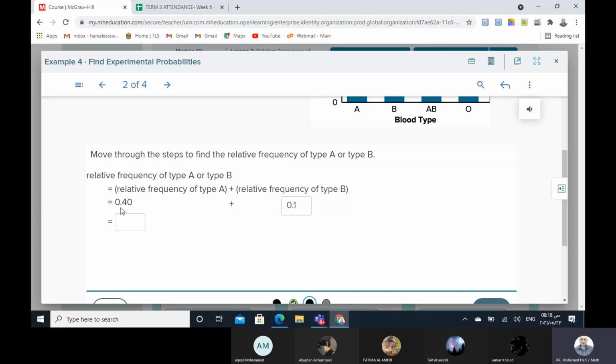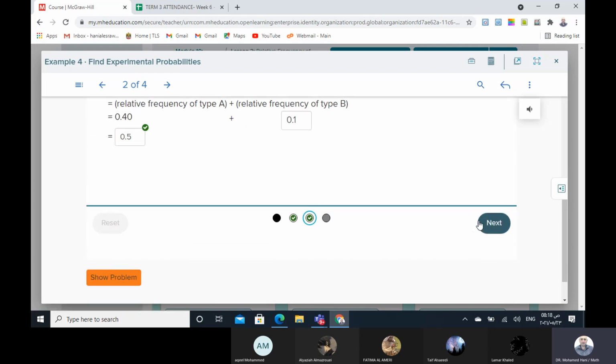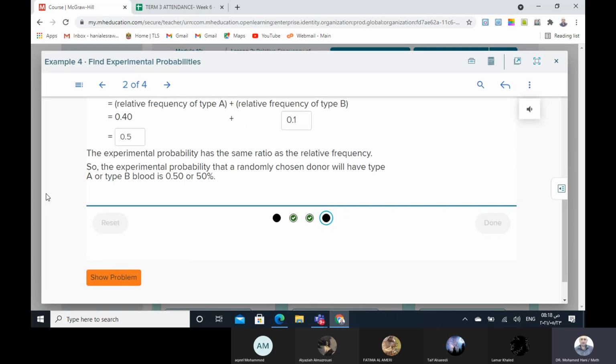Then 0.4 plus 0.1 will be 0.5. The experimental probability has the same ratio as a relative frequency. So the experimental probability that a randomly chosen donor will have type A or type B blood is 0.5 or 50%.